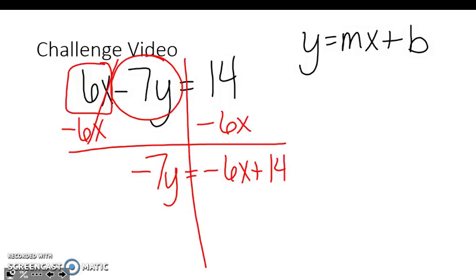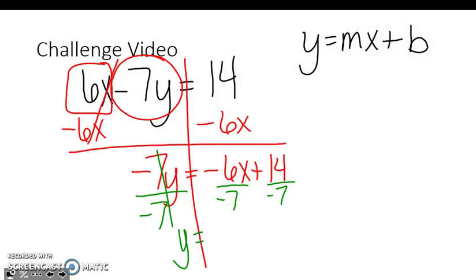So I have negative 7 times y. So I need to get the negative 7 away from the y by dividing. Then you have to divide both parts on the other side. So if I took negative 6 and divided it by negative 7, I would get some sort of decimal. So I know that I'm going to leave it in fraction form.